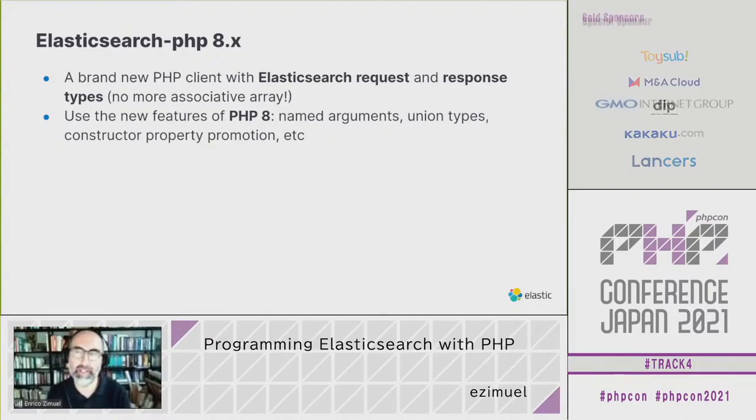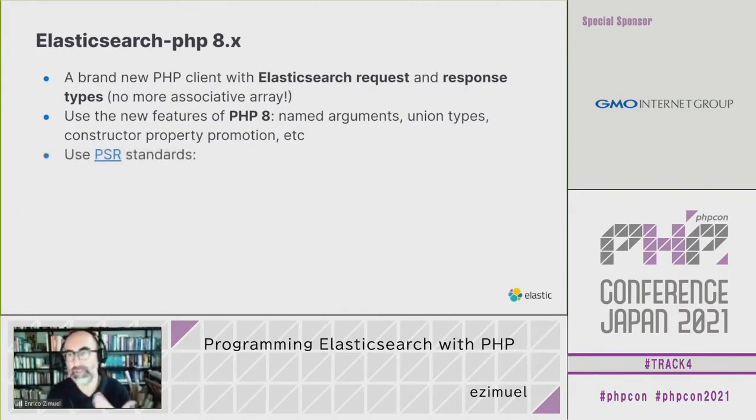That will be very nice for the endpoints, where you can specify the parameters, the union types, the constructor property promotion, and so on. That means that Elasticsearch-php 8 will require PHP 8 in order to execute it. But we are in line with the end of life of PHP, because this will be released next year.